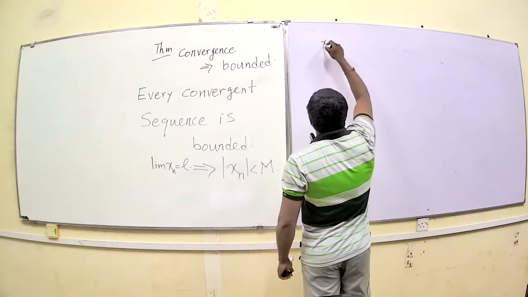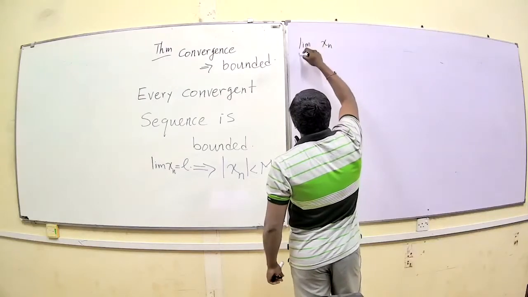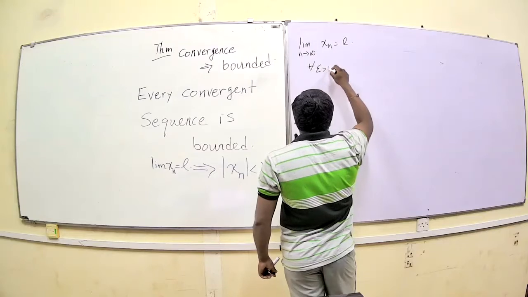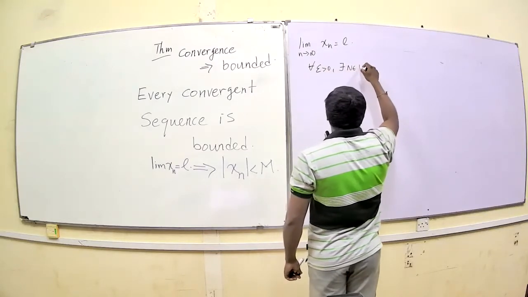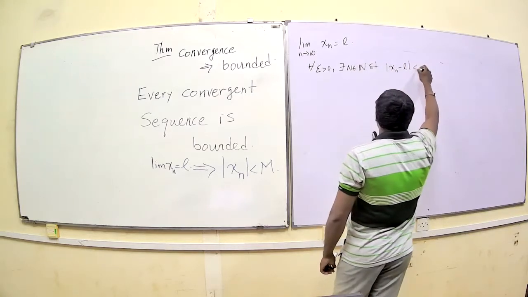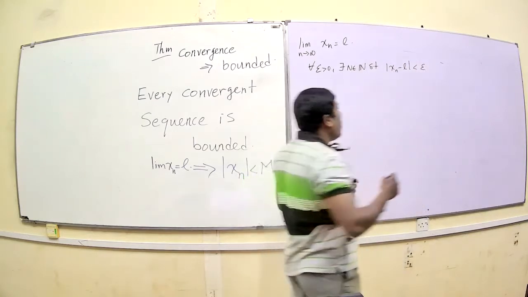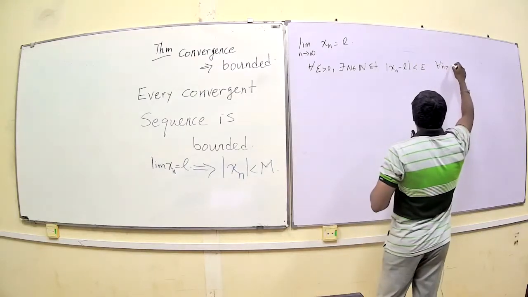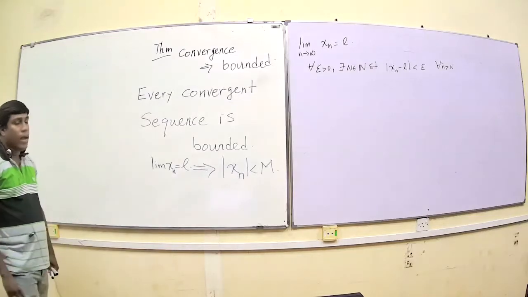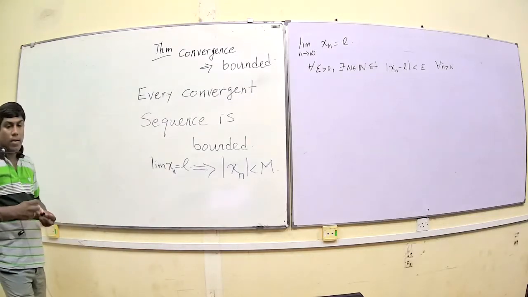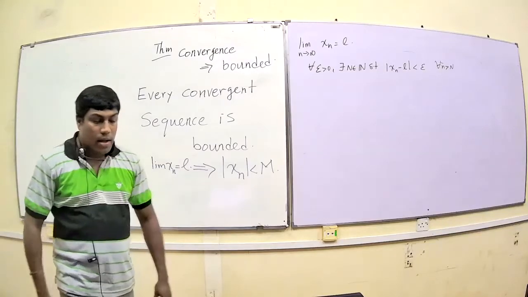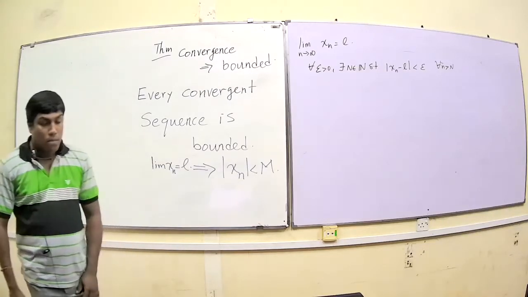The limit of xn is finite, so let us name it L. So you write the definition for limit.